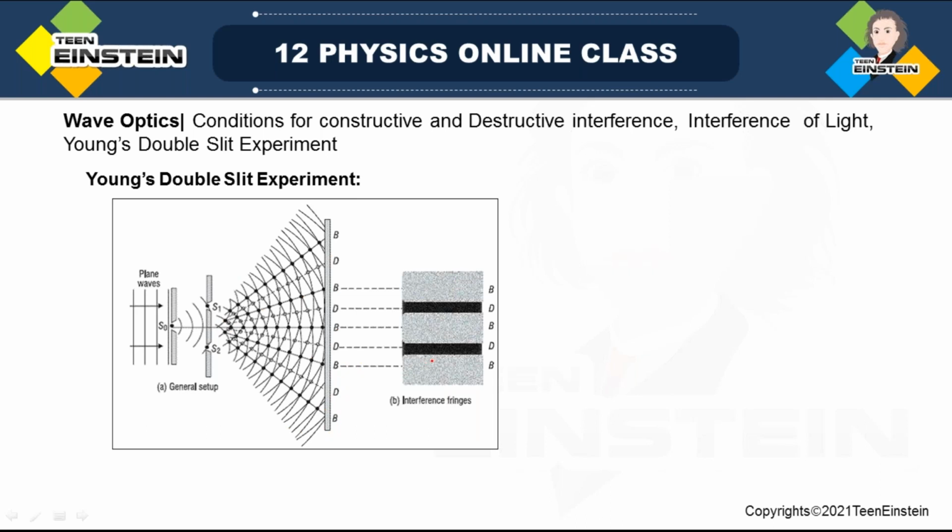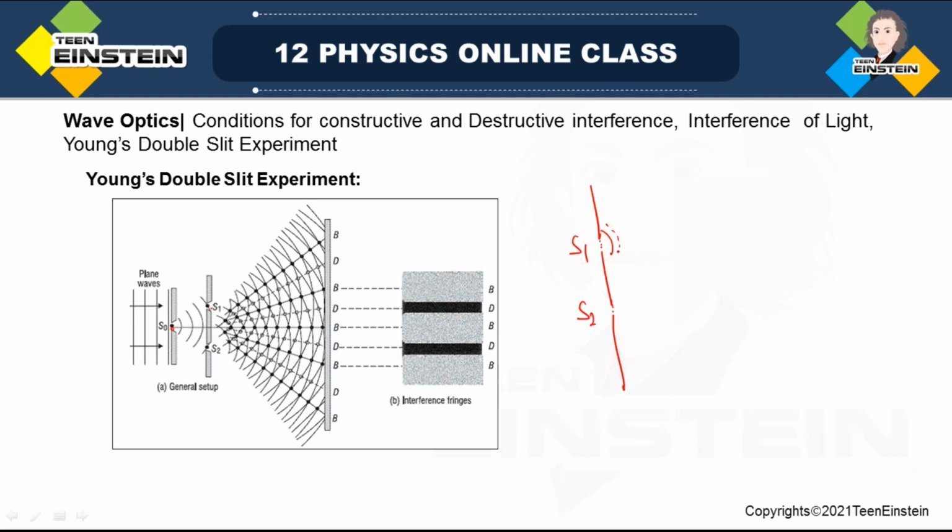So on the screen, what he could see is this kind of dark and bright bands. Why? Because, as I said, these two sources are acting as coherent sources. Each point of these slits will act as a point source, and they will produce a spherical wavefront.